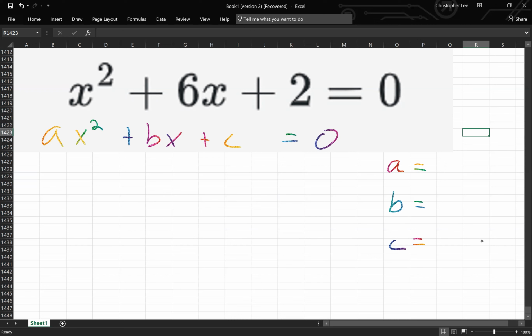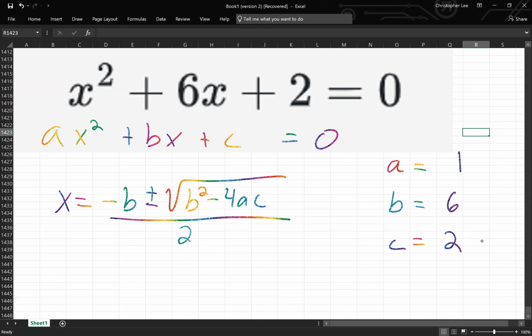And by the way, that's on the sheet as well. So what's A? Good. What's B? And what's C? Exactly. We'll go straight to the formula. x is equal to -b plus or minus the square root of b squared minus 4ac, all divided by 2a. Just plug it in. No problem.